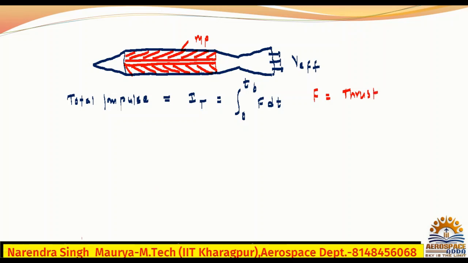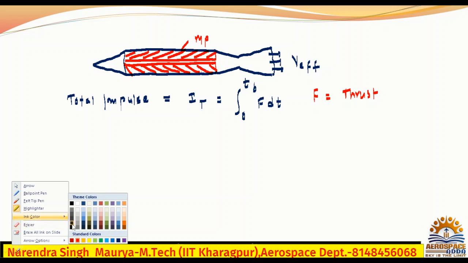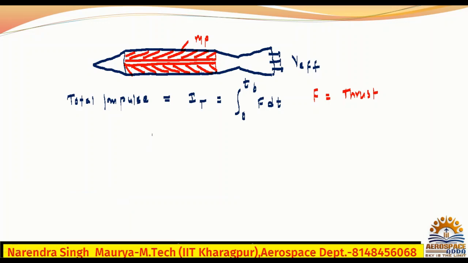Now if you integrate for the given time period, what will be the IT? IT will be F into TB. The total impulse they have given, so we can calculate F. F is nothing but IT divided by total burning time.